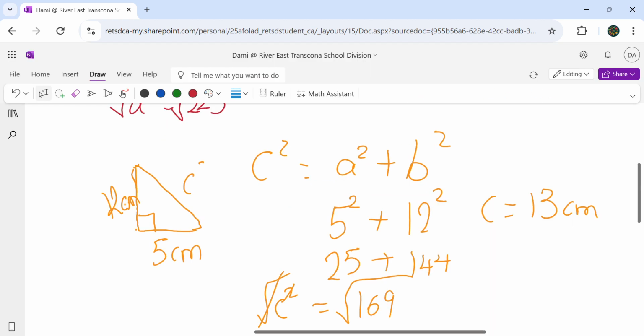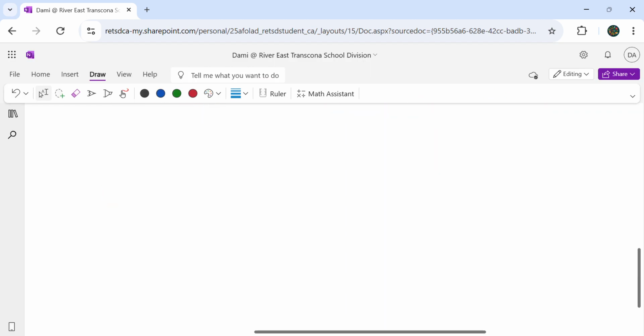What if we don't have a question and instead we just have a diagram given to us? And the diagram is like this. And then this is 5 centimeters, 12 centimeters.